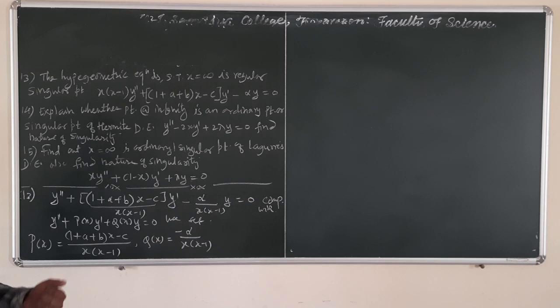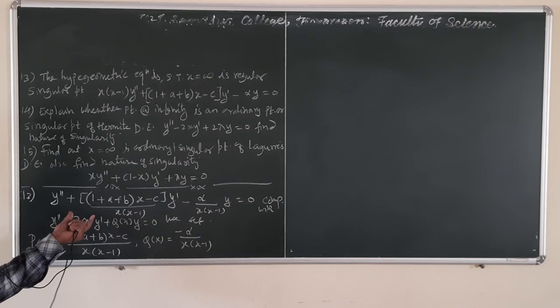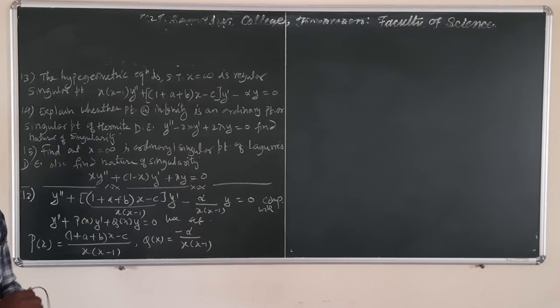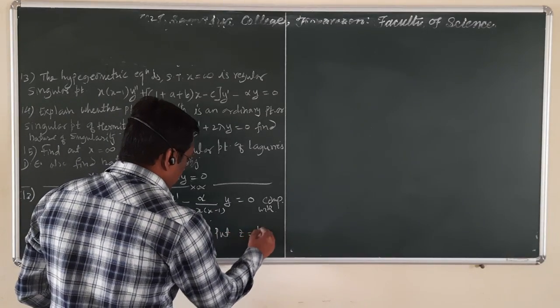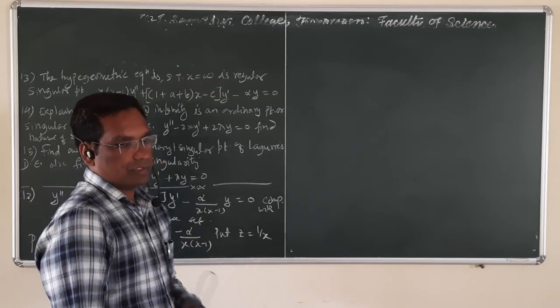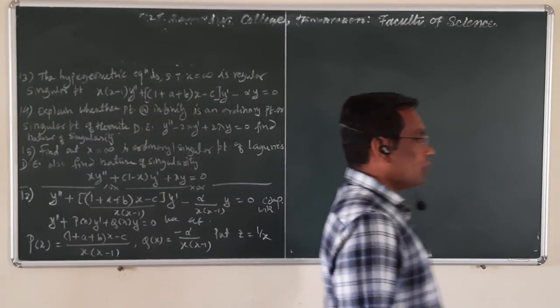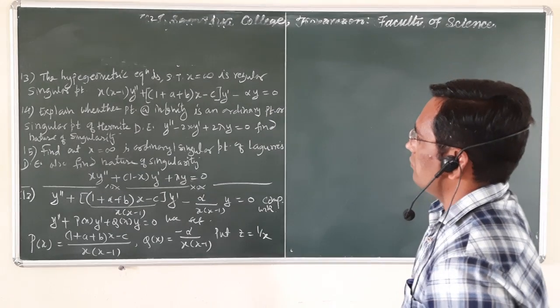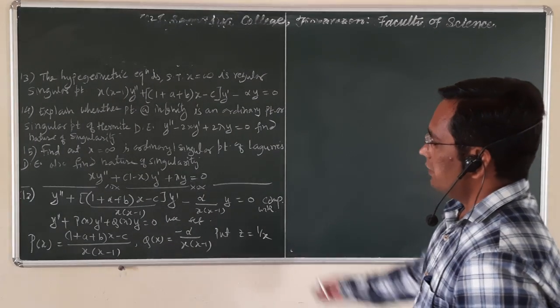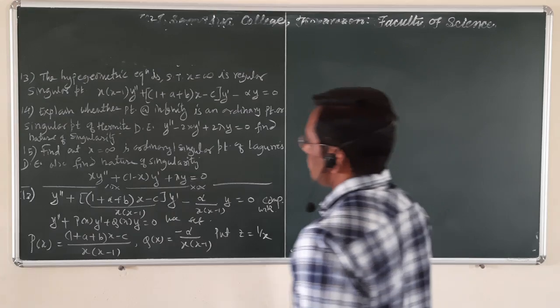Okay, now to check singularity at x equal to infinity, we have to put z as 1 upon x in this equation. If we put the value of z as 1 upon x in this equation, what will we get?